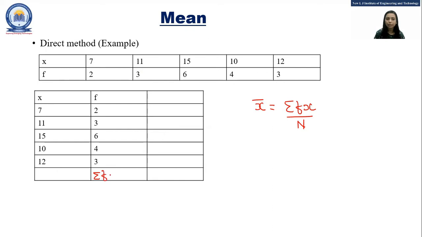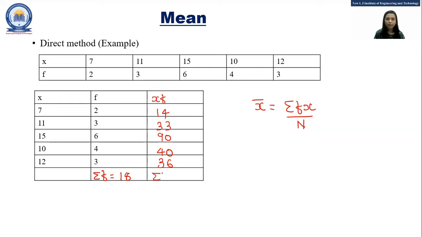We can calculate sigma f as 2 plus 3 plus 6 plus 4 plus 3, which equals 18. Now, to calculate the mean, we require sigma fx as well. So first, let's find x into f. That is 14, 33, 90, 40, 36.